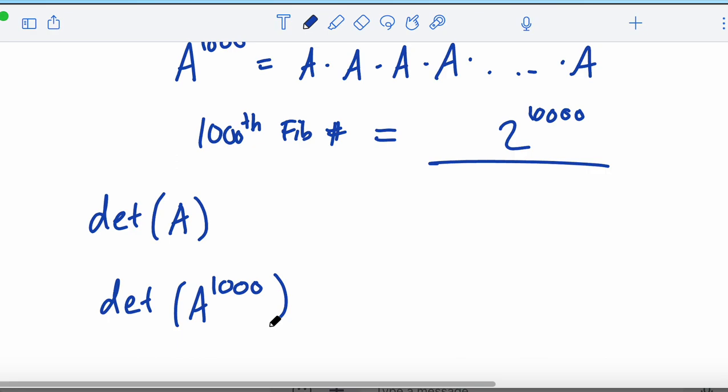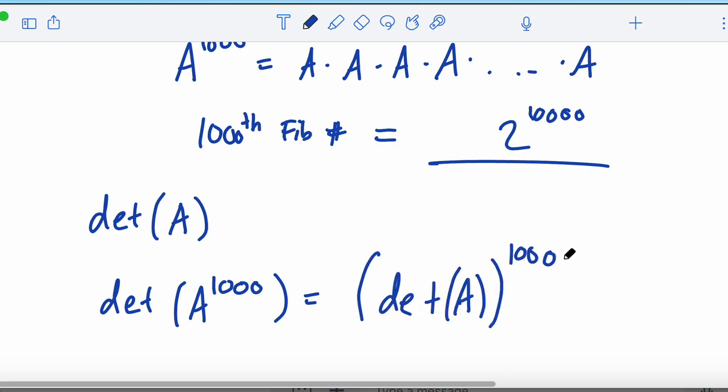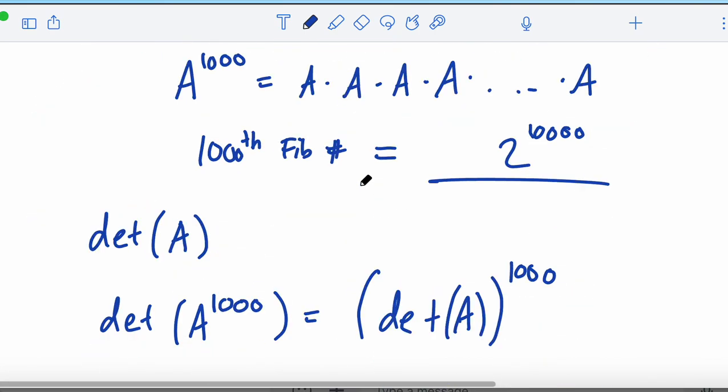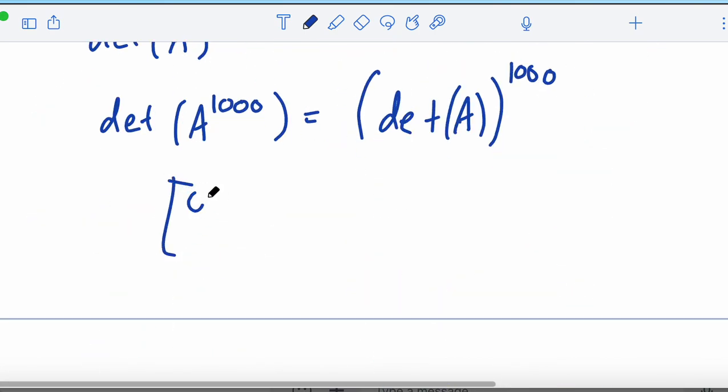And that is because if you took a good linear algebra class, the determinant of A to the power 1000 is equal to the determinant of A, to the power 1000. Did you learn this in linear algebra? Hopefully you learned that. So we're looking for a matrix. I don't know what the matrix is going to be, but whatever it is, it's the determinant of A to the power 1000. What is the matrix A? A is 0, 1, 1, 1.